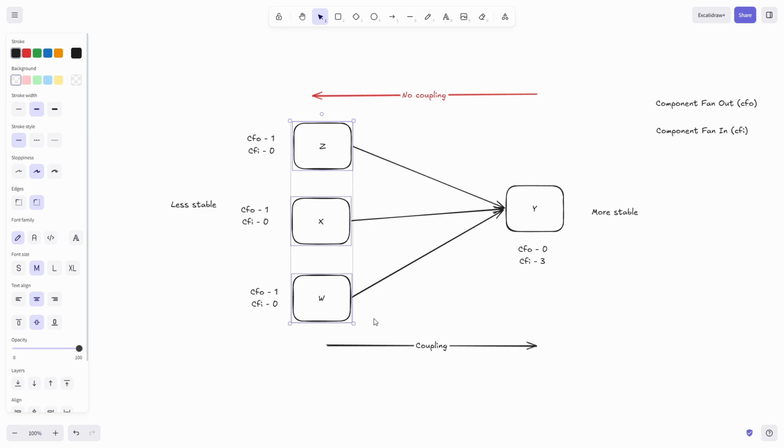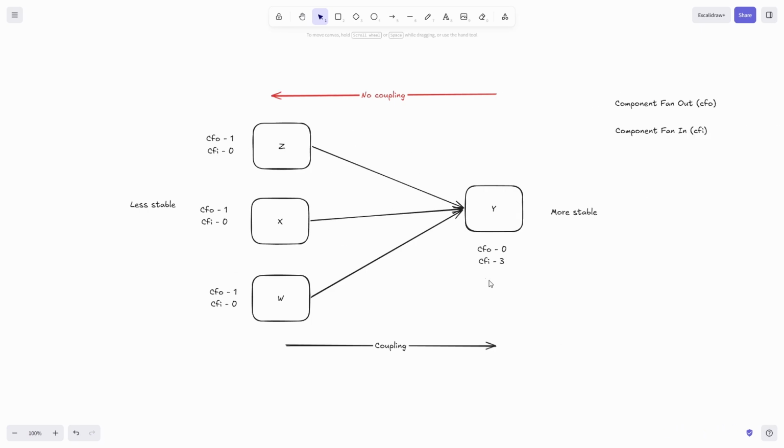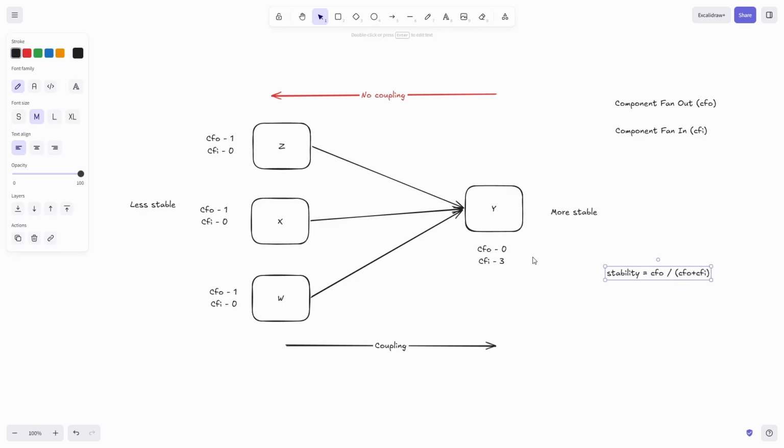There's actually a formula that is used to compute the stability or instability of something, which is this. Stability equals fan out divided by fan out plus fan in. So this is the formula for stability.